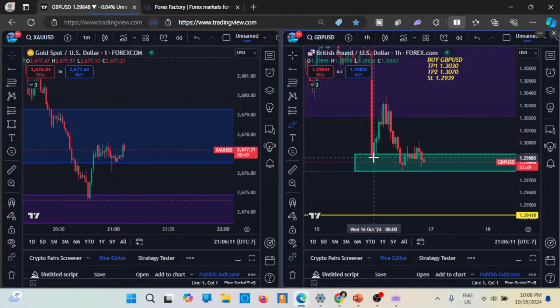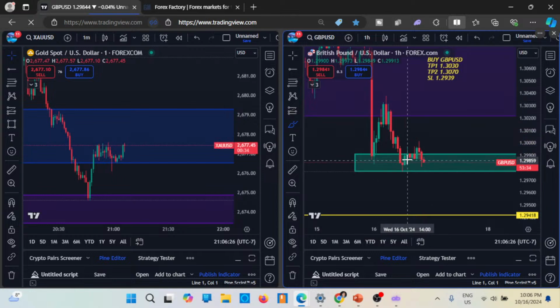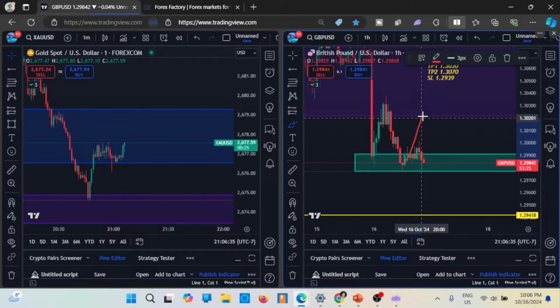Because it stopped at this level, this is a support that it just built. Whenever we have a red candle followed by a green candle, that is a formation of a support. Price now came back to this support, and we can see it held that support.